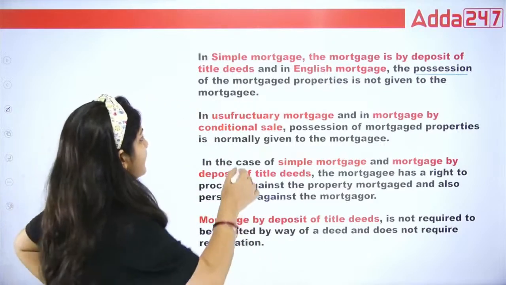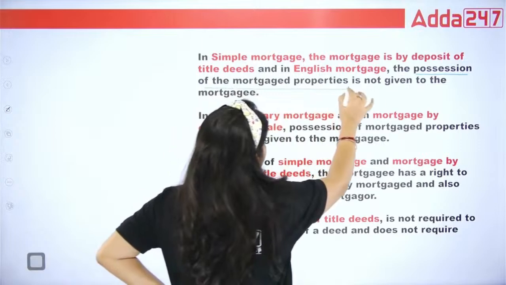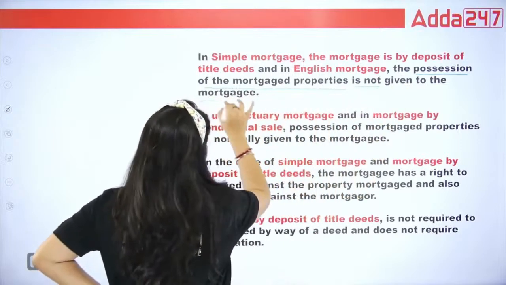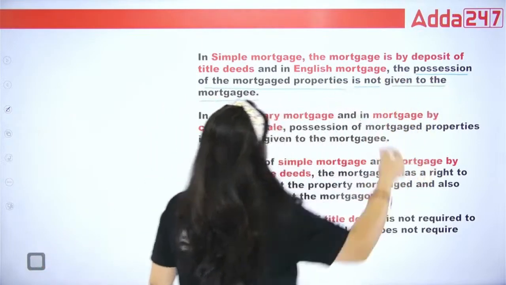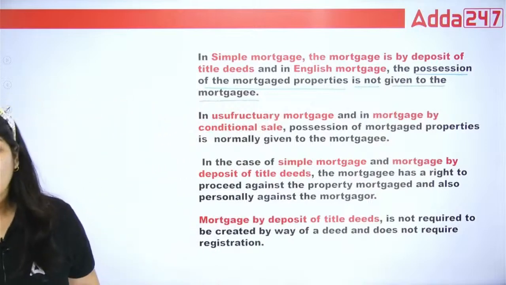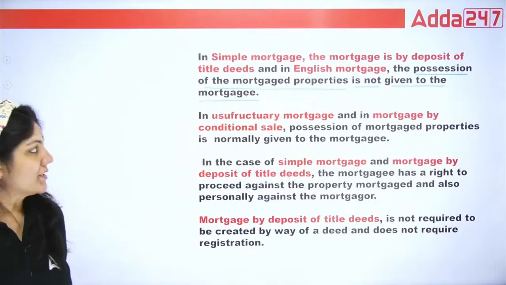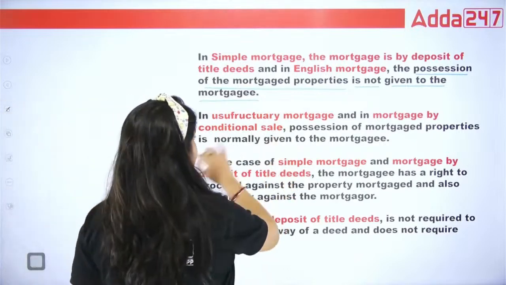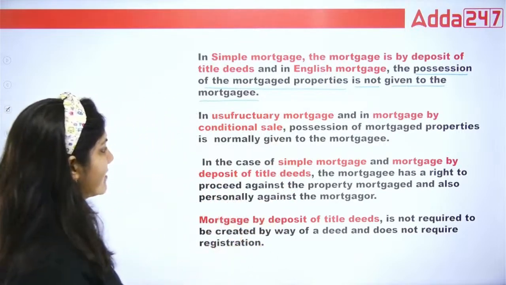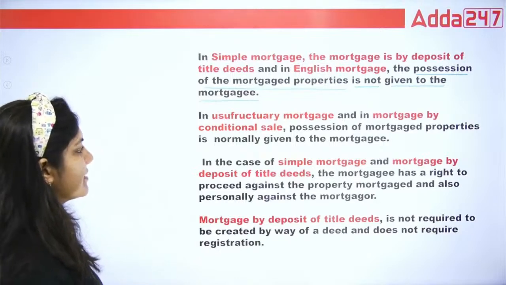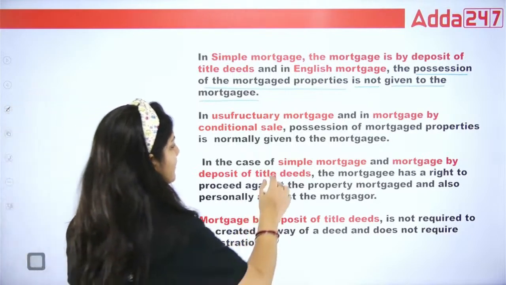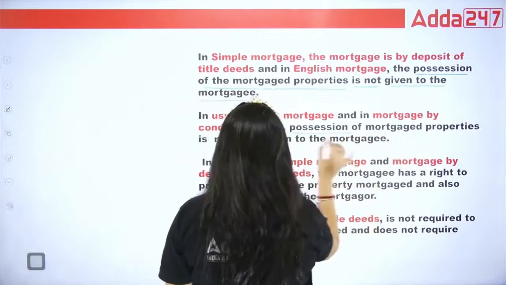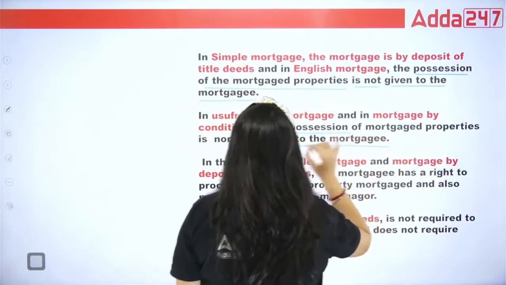So guys, the possession of the mortgaged property is not given to the mortgagee. Is that okay? Then in the usufructuary and conditional mortgage, the possession is given to the mortgagee.